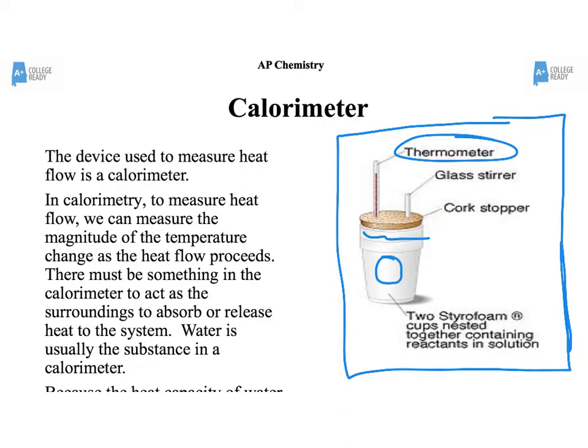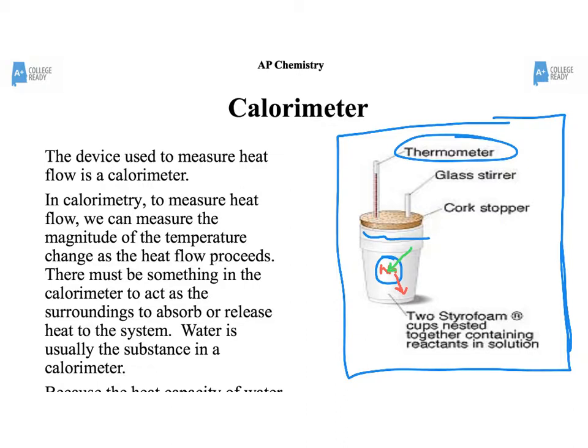by the water. So imagine this is your system, this is your little reaction, and if the reaction is exothermic and gives off heat, the heat is going to go into the water. As the heat goes into the water, the temperature will go up. The converse could be true also. If the reaction was endothermic and took in heat from its surroundings, the heat would leave the water and go into the reaction, and then the temperature would go down.